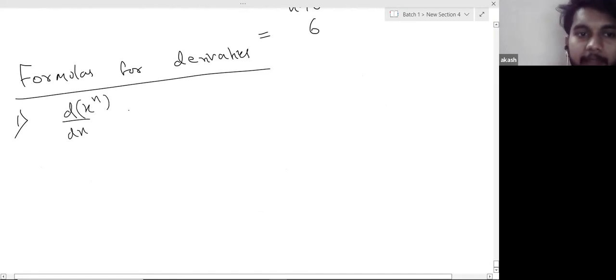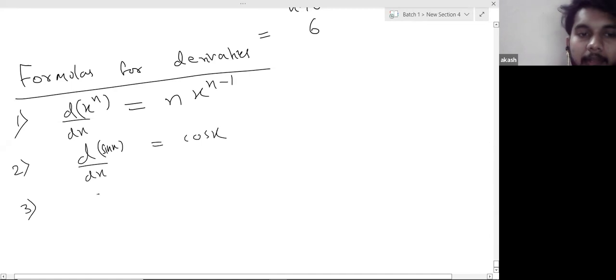If you have to differentiate that, this is equal to n x raised to the power n minus 1. Second one, differentiation of sine x is cos x. Differentiation of cos x will be minus sine x.